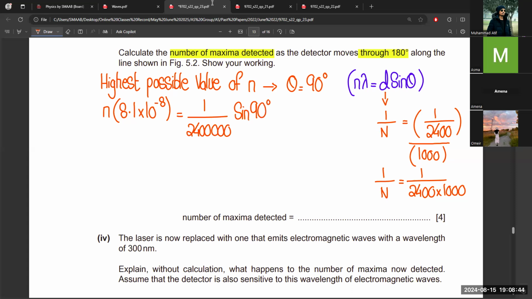So we can easily find the value of n from it, which is 5.14. 5.14 means we round it to 5, because we have to count the number of maxima, so it will not be a decimal, it will be a whole number.